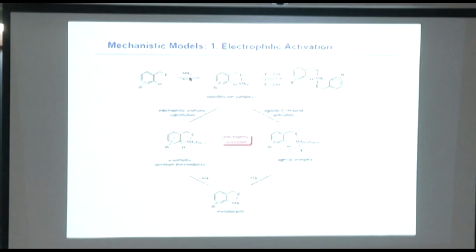Here we have a CH bond, an agostic CH bond activation, where the metal is agostically bound to the CH, side-on binding. So I would call this a bond activation, because now the electronics and the bonding and the geometry and everything in this CH bond is changed. It's moved out of the ground state to an activated state from where it is much easier to cleave the bond.